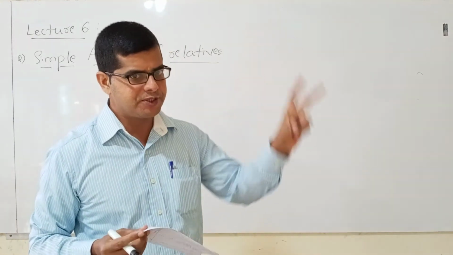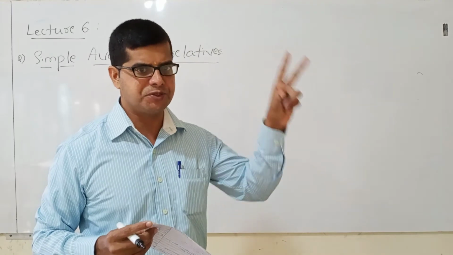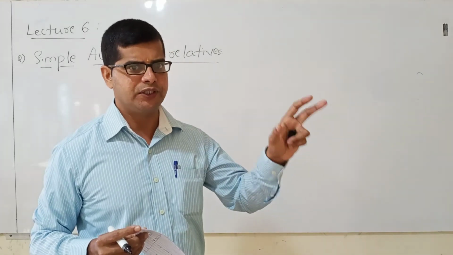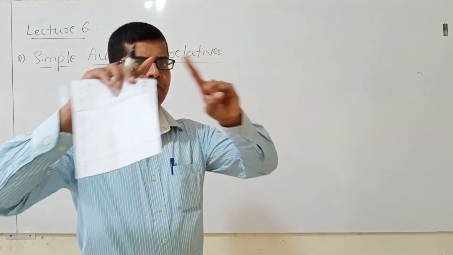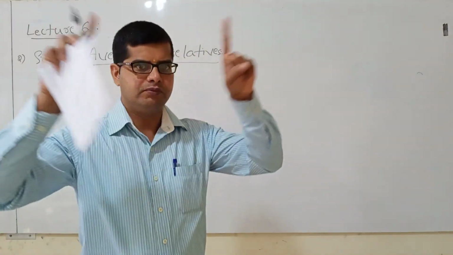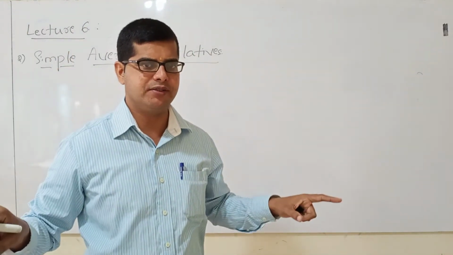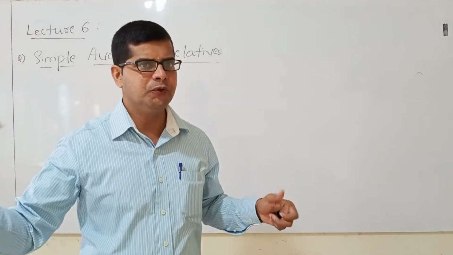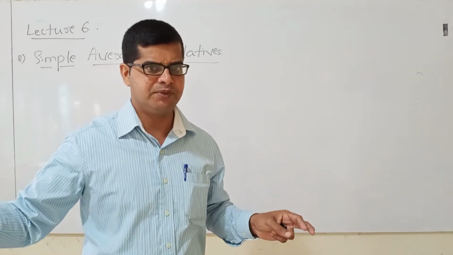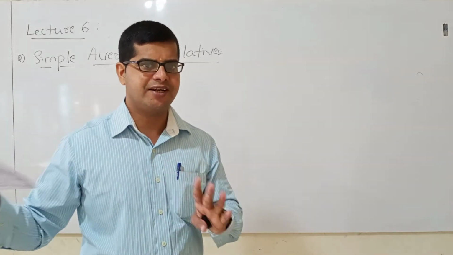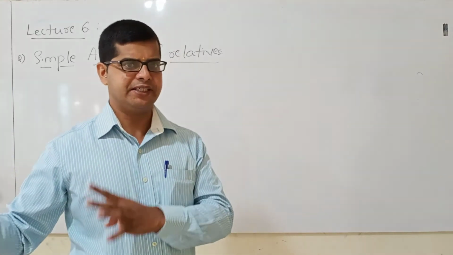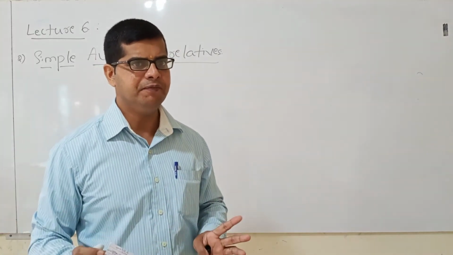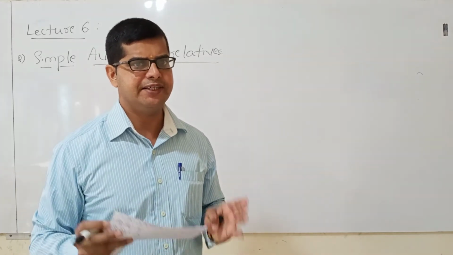So we are there in the first part of the methods of constructing index numbers. I mean to say two broader headings. Number 1, unweighted price index numbers. Number 2, weighted price index numbers. We have not yet started weighted price index numbers. Still we are there in unweighted price index numbers.